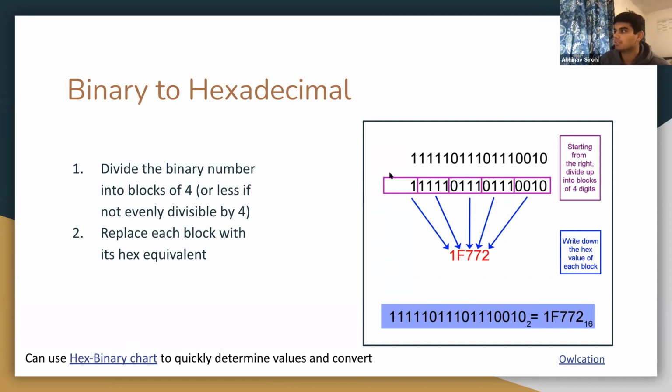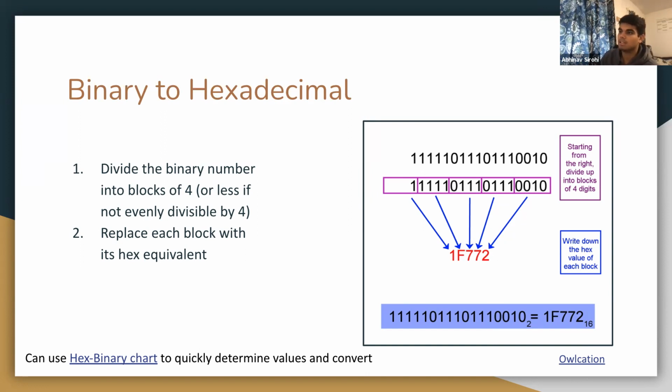Then you replace each block with its hexadecimal equivalent, because we know that a 4-bit binary string can be represented by 1 hexadecimal digit.